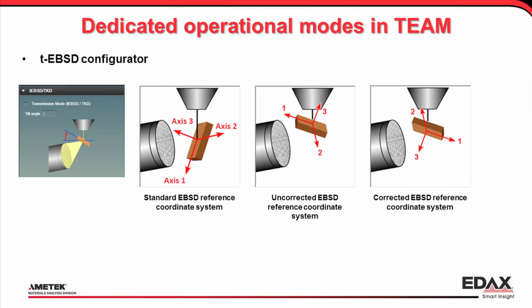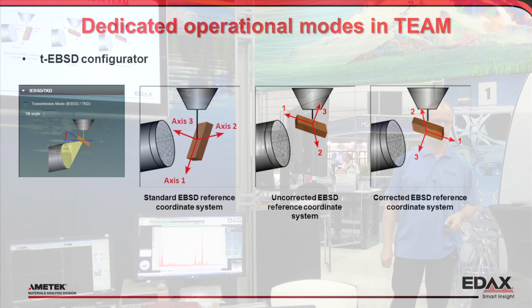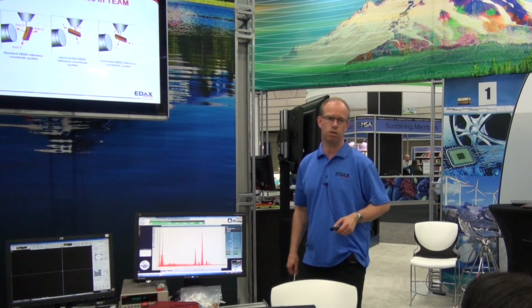Now, in the TEM software, I say you don't need special software to do it. We made it a little bit easier for you by adding a few operational modes in the software. There's a transmission EBSD configurator. And basically what that does is correct your coordinate system. Sounds complicated, it's not.